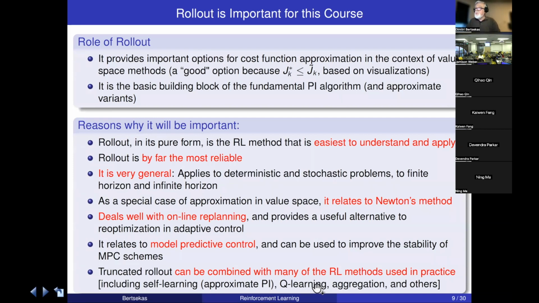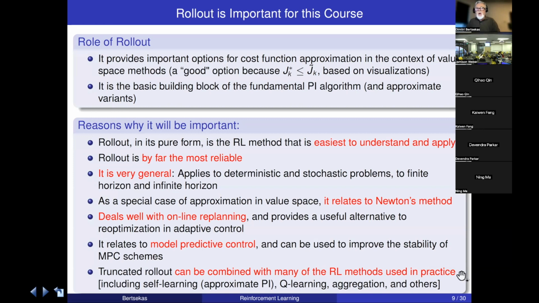Also, it can use as base policy for rollout some of the policies that are obtained, for example, by self-learning or Q-learning, and so on. So all of this makes it a good starting point to the field of reinforcement learning, and also a suitable subject for you to do term papers and mini research projects.